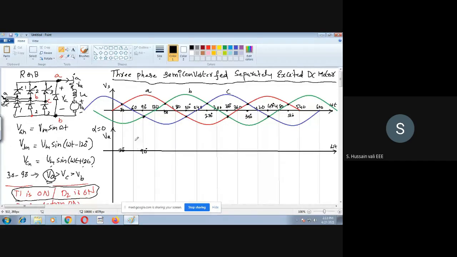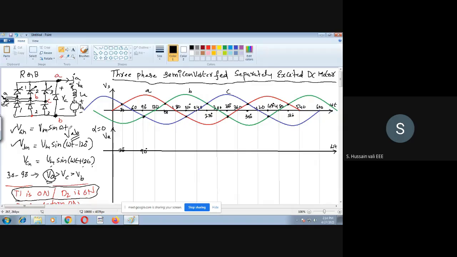What is VAB? VAN is a sinusoidal voltage, VBN is also a sinusoidal voltage. The difference of these two, VAN minus VBN, is nothing but the line voltage VAB.